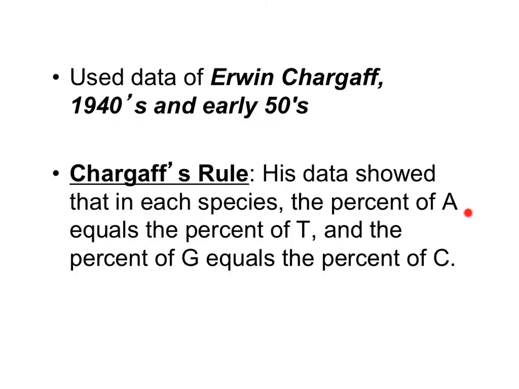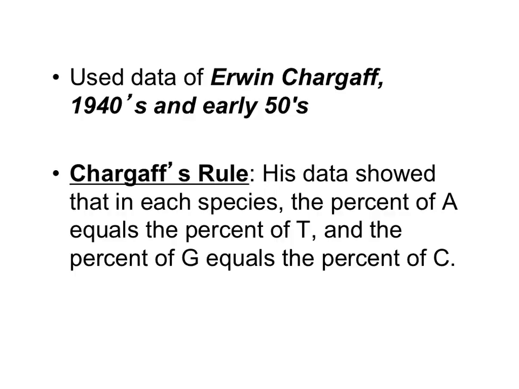So if you had 50% A's, you had 50% T's. If you had 30% G's, you had 30% C's. The G's and C's and A's and T's always equaled in the percentage of how much there was.